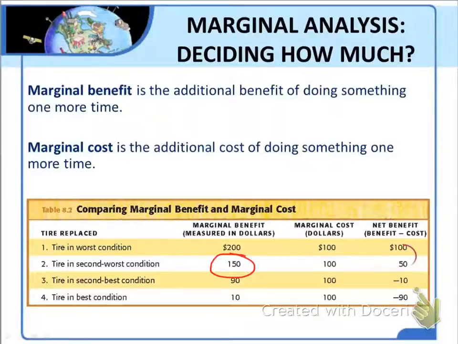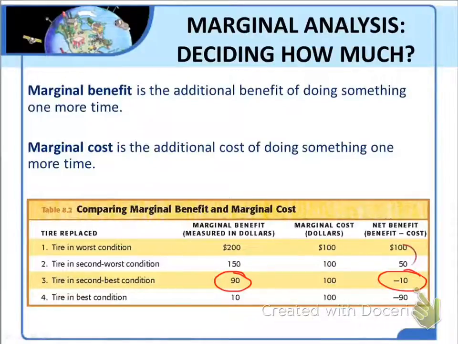The net benefit of the second new tire is $150 minus $100, which is equal to $50. Now, the marginal benefit of the third tire is $90. Again, less than the one before it because the used tire replaced by the third new tire is in relatively good shape. The net benefit is $90 minus $100, which equals negative $10.